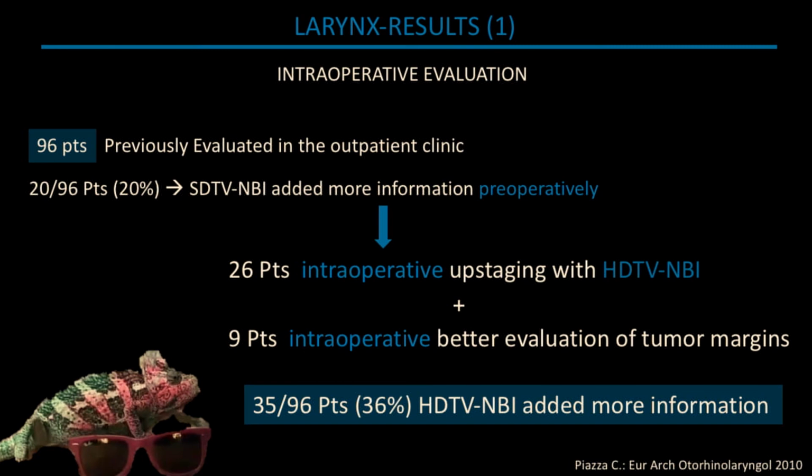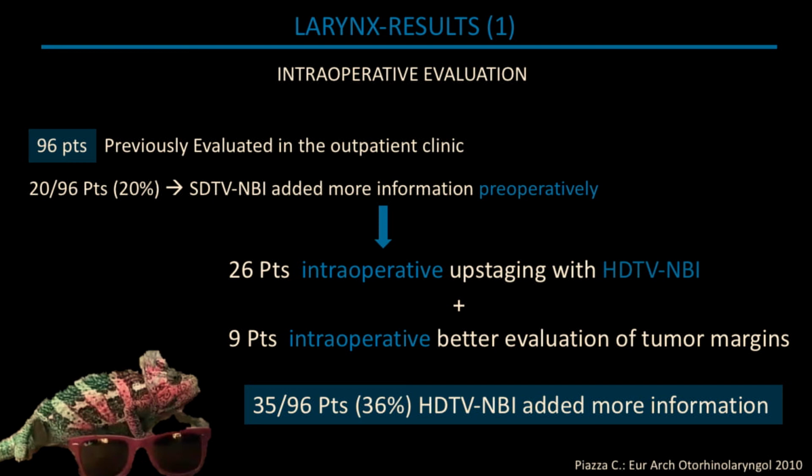So we tried to objectively evaluate this added value of NBI in this paper. We evaluated a cohort of 96 patients, and we had a gain of 36% in 35 patients in terms of intraoperative upstaging, for instance from T1a to T1b.